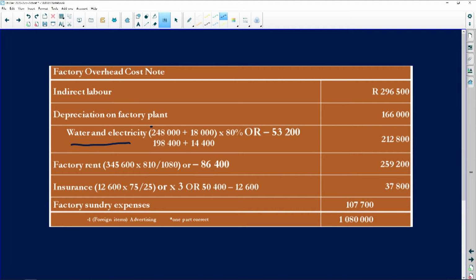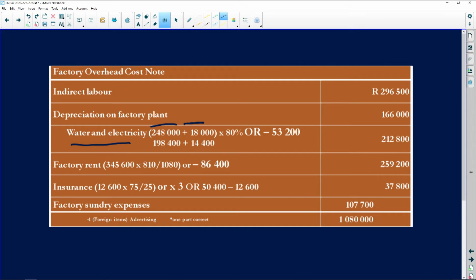There's my 248,000, right? And I'm told there's an amount of 18,000 Rand that has not been paid for and hasn't been recorded. So I bring it in. I add the 18,000 Rand to it. Okay, once I do that, let's do that.